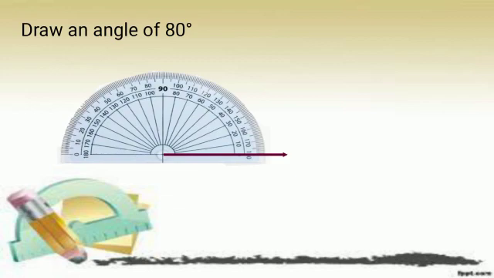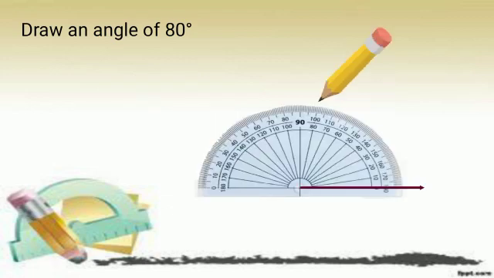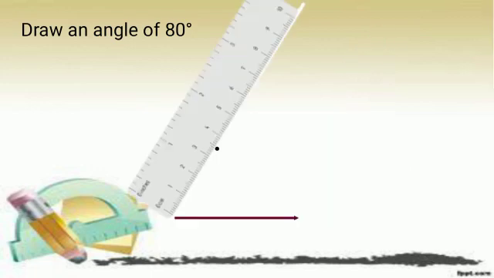Now as you can see here, again our ray is on the right hand side. So take a pencil and mark 80 degrees with the help of the pencil. After that you are going to remove the protractor, and with the help of pencil and scale you are going to draw another ray that cuts the point that you have marked.